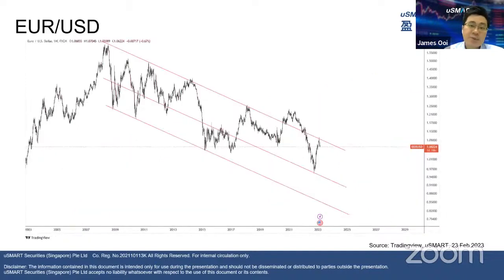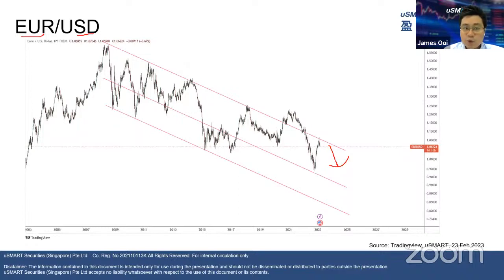So since we established that the US dollar index is going up, and we also understand that Euro USD and the US dollar index have strong negative correlations, this is why we should now see some downside movement for Euro USD itself.